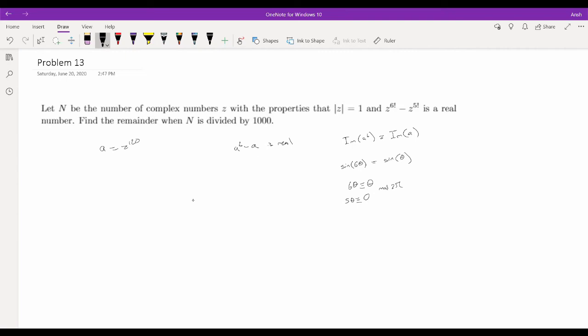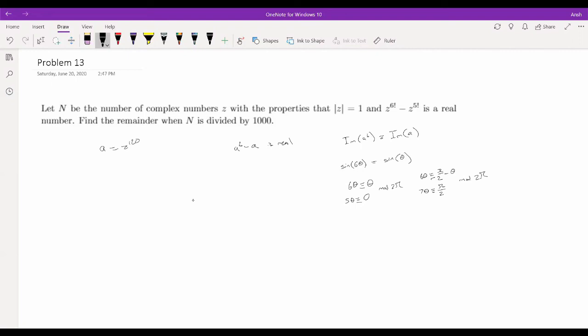But we also have the case where 6 theta equals 90 degrees minus theta. This is another family of solutions. 90 degrees is the same as pi over 2 radians. So solving for this, we get 7 theta equals pi over 2 plus 2 pi k, and this gives us another family of solutions.